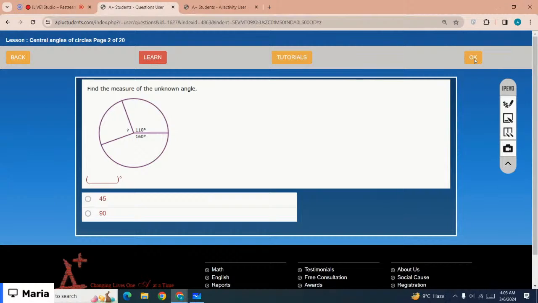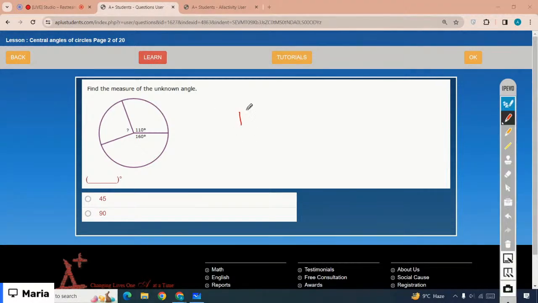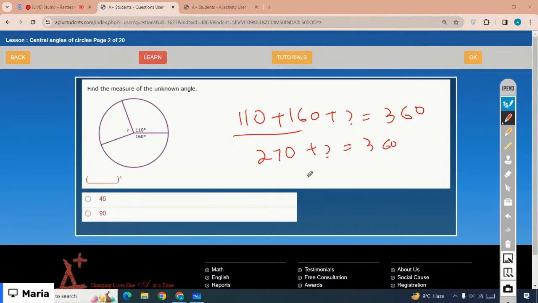Find the measure of the unknown angle. You have to do exactly the same thing. The sum of all the angles in a circle must equal 360 degrees, right? So that is 110 degrees plus 160 plus the missing angle equals 360. Their sum is 270. So subtract 270 from both sides. Their difference must equal 90 degrees.